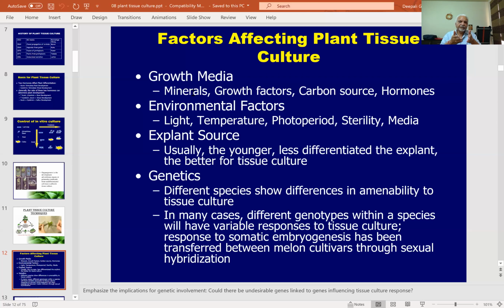For example, if you take rice, we have Japonica type rice and Indica type rice. Japonica type rice is more amenable for tissue culture manipulations as compared to Indica type rice. It is tough to manipulate Indica type rice in vitro. So this is just to give an example of how genetics also plays a role towards the success of in vitro manipulations of the plants.